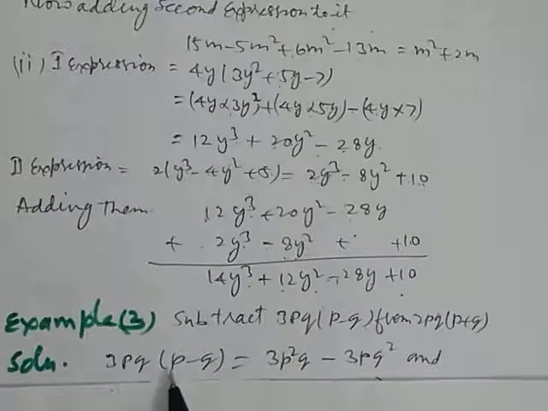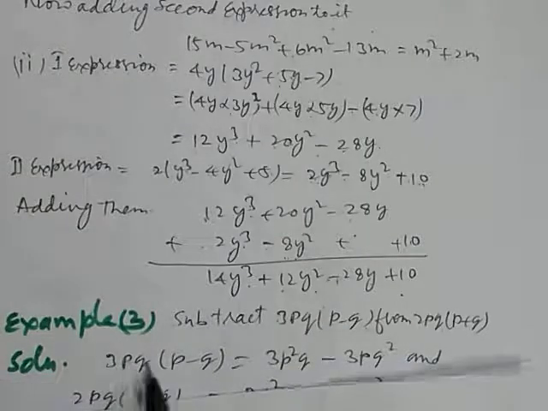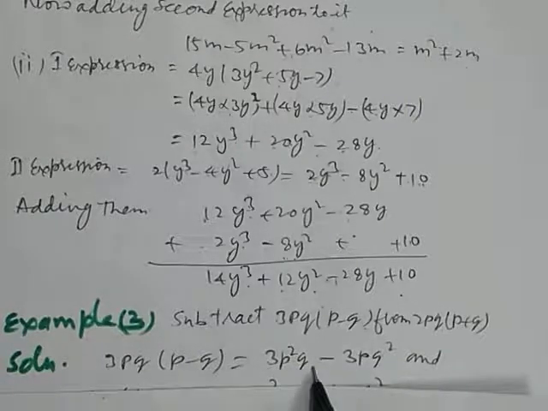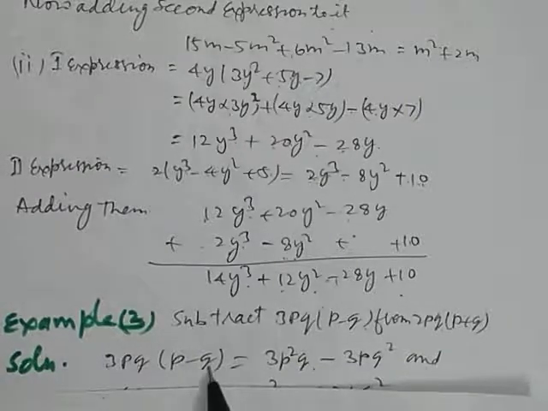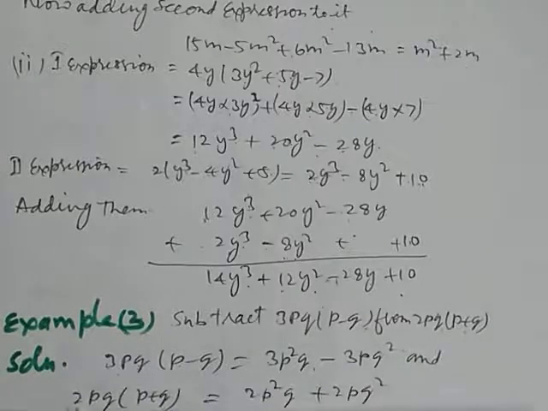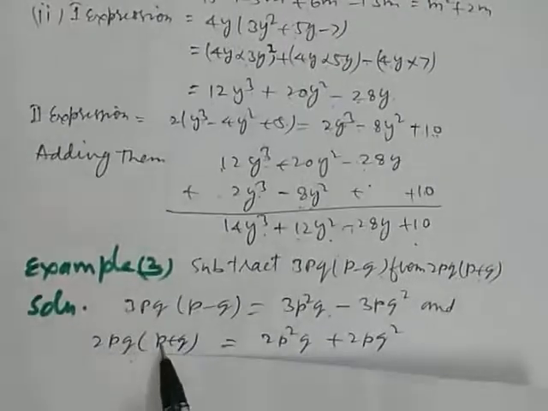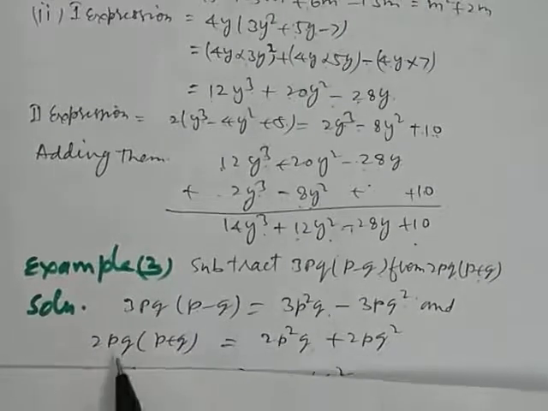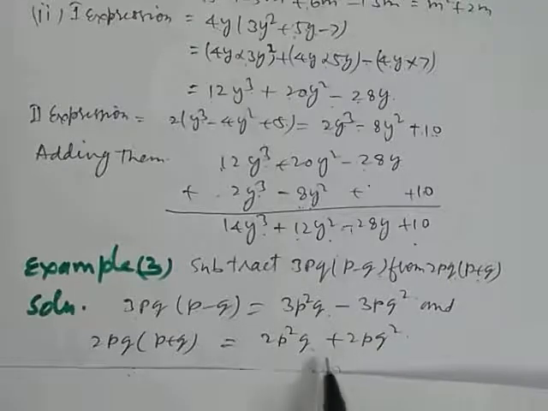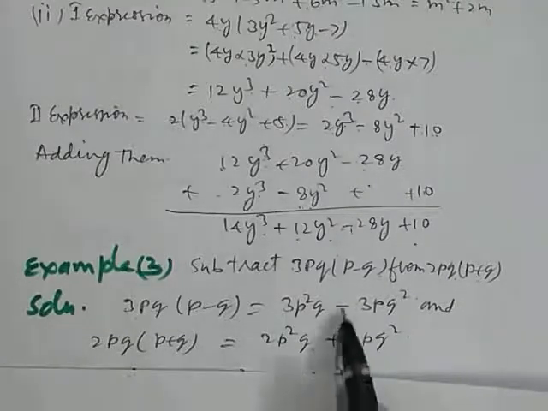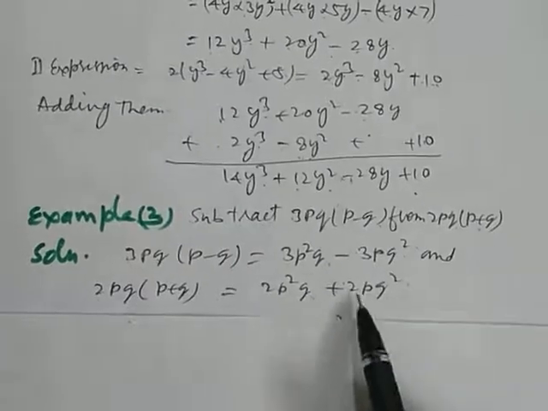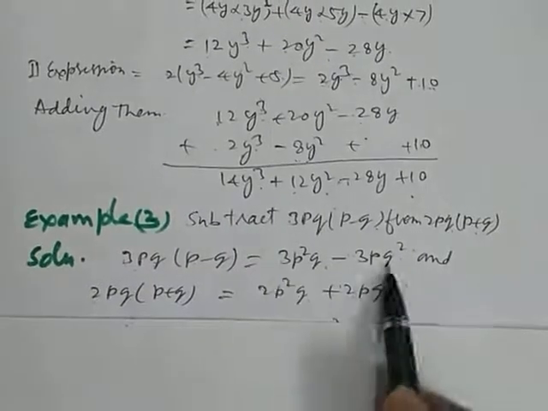First we solve them. 3pq into p minus q, 3pq into p, 3p square q, and 3pq into minus q is minus 3pq square, and again 2pq into p, 2p square q, and 2pq into q, 2pq square. Okay, now these are the two expressions, so we have to subtract this from this.